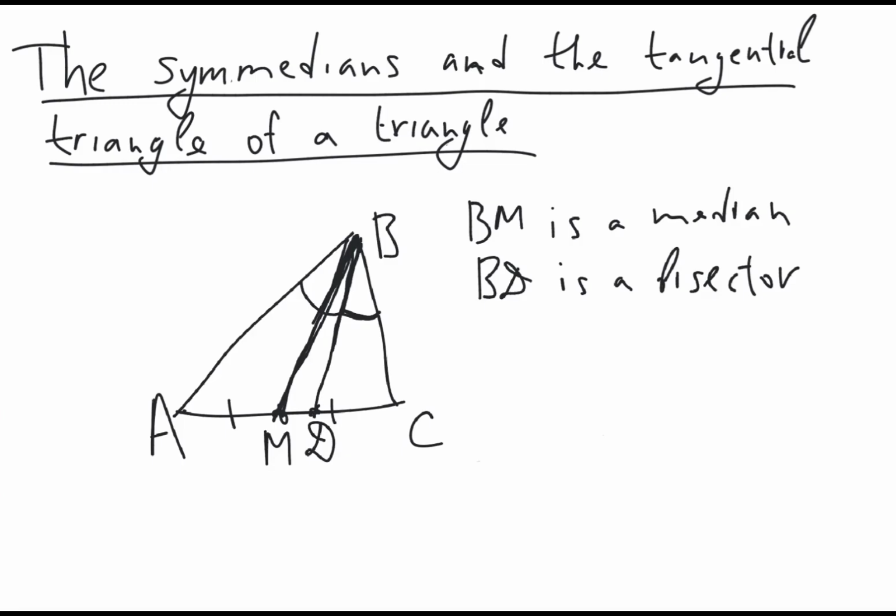The symmedian is defined as the line that is symmetrical to the median with respect to the bisector. So basically these two angles are equal. This point is denoted by M prime, and so BM prime is a symmedian.